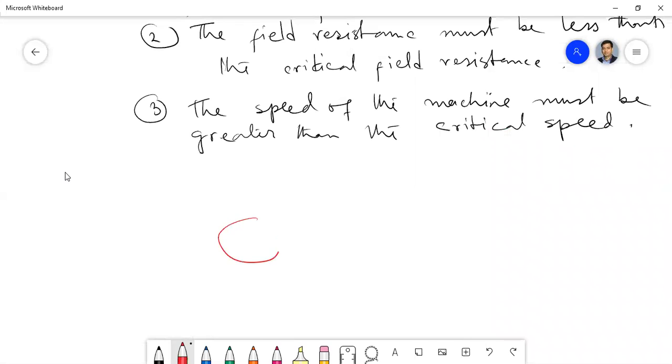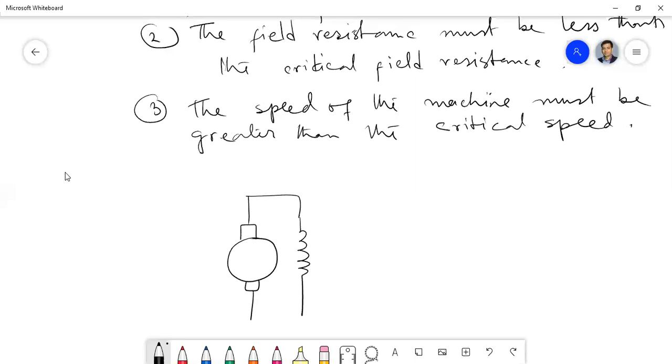Suppose the machine is a shunt machine, and you have connected a voltmeter here, and you have also connected some ammeter here.